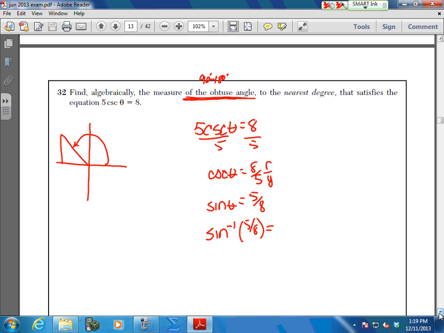You can find this to be 39 degrees to the nearest degree, but remember that's in quadrant 1, and that's the reference angle in quadrant 2. So in quadrant 2, you are 180 minus 39. So you're looking for an angle that's 141 degrees.